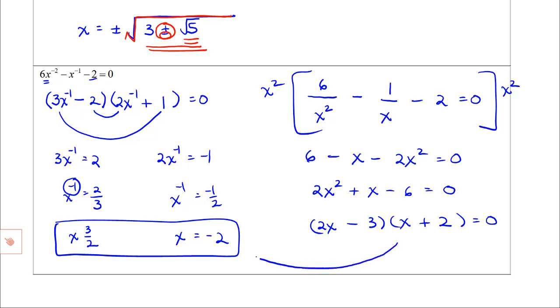I believe we get the same thing. So, yes, you can do it either way. I want to do it this way first, though, so that you have to think about negative exponents and what they meant, as opposed to just getting rid of them and ignoring them. All right?